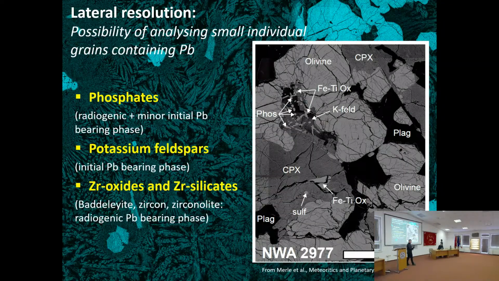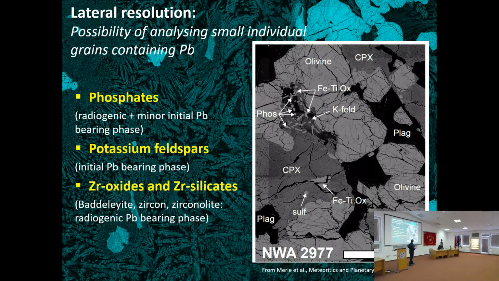So let's start with the lateral resolution. That's the possibility of analyzing very accurately very small phases. We target phosphates because they contain radiogenic and minor amounts of initial lead.